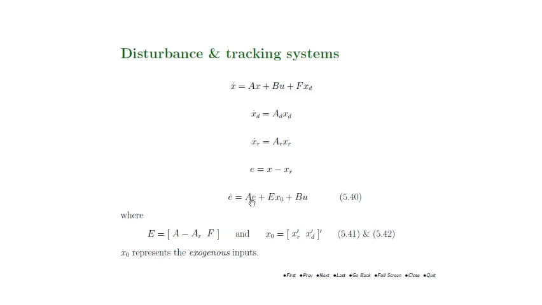Now with this, you can recast this differential equation into his equation 540, which really says that the time derivative of the error state is the A matrix times the error state plus the E matrix times a different state vector x0, where x0 is a column vector.